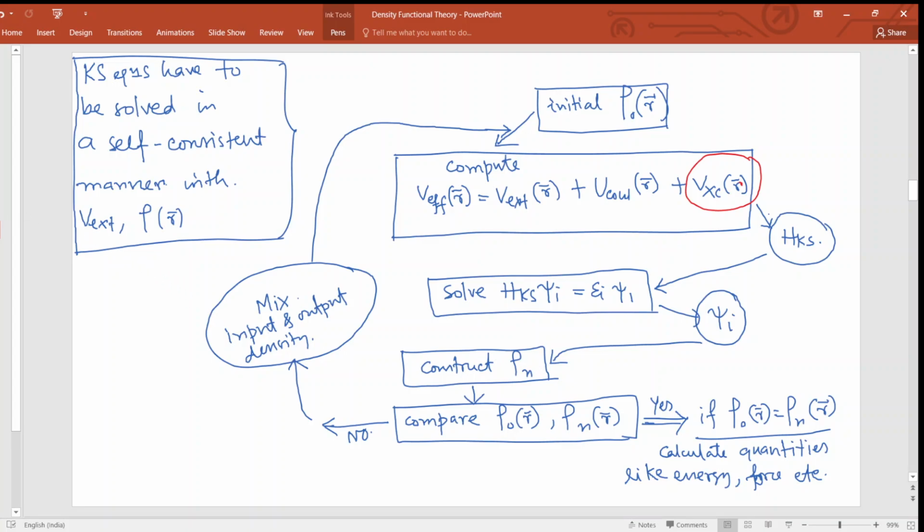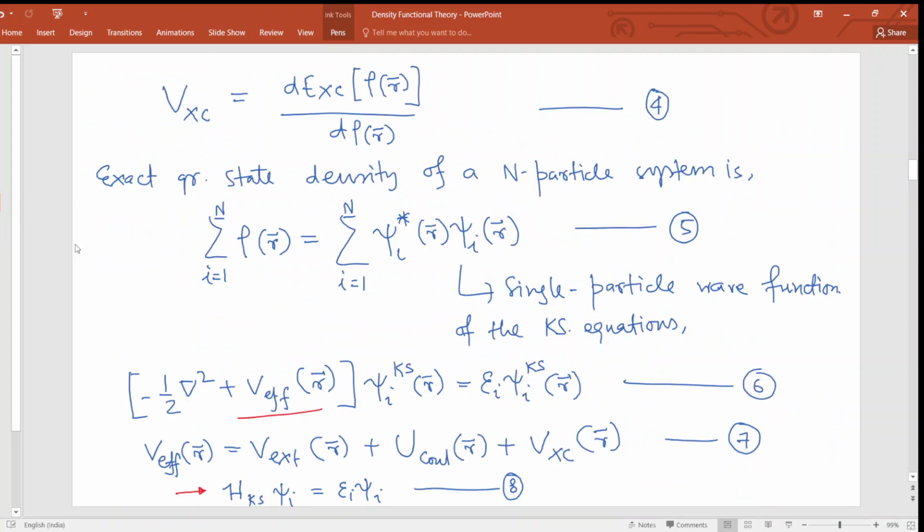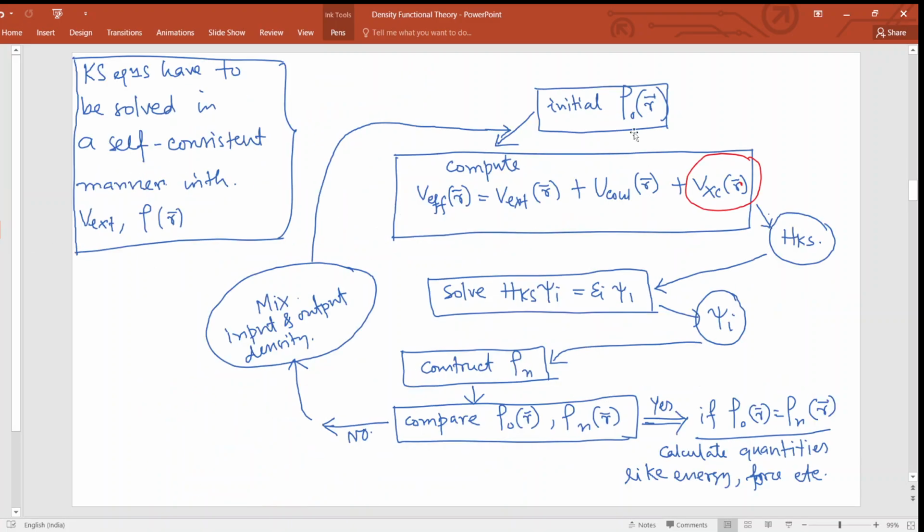You can use this expression, equation number 5. You started with a rho, and then you are getting another rho. Now you compare these two, rho initial and rho final. If these two are close to each other, or equal, then you say that whatever rho you started with is the correct ground state rho of your system.